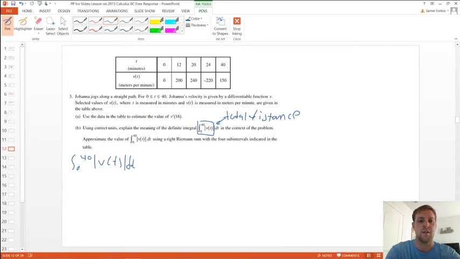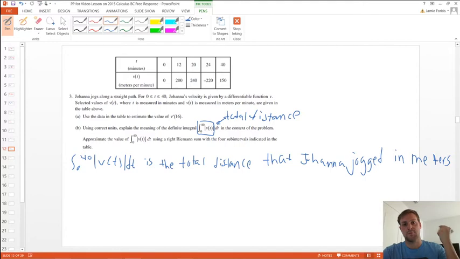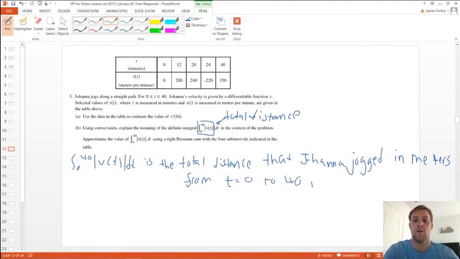So we'll state it's the total distance that Joanna jogged, in meters, from time equals 0 to time equals 40 minutes.